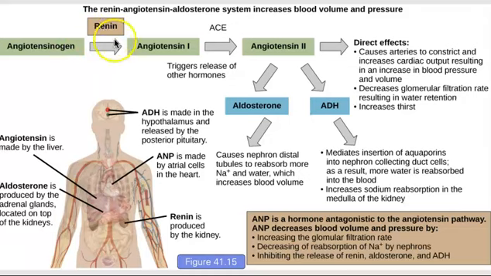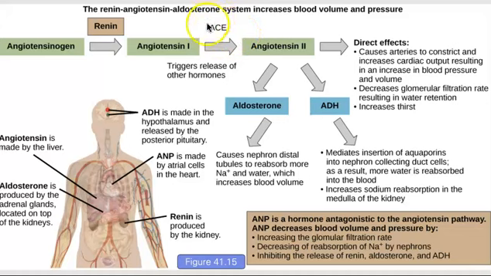And so our kidneys will secrete renin when we see low levels of blood pressure. That then is going to activate angiotensinogen into angiotensin I, which is also produced in the liver.